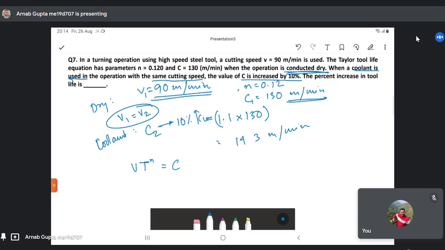Initially you have to calculate the value of T1. So from here you can see 90 into T1 power 0.12 is equal to 130. 130 by 90.